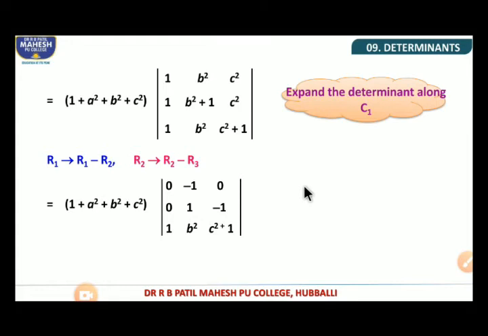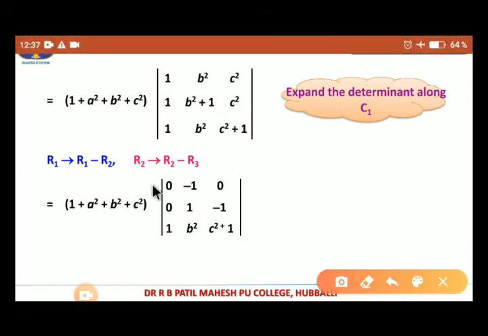Now we can expand the determinant along C1 because C1 has 2 zeros. Here the signs are plus, minus, plus, and the two elements are already 0. So we can take directly the third element from the first column.